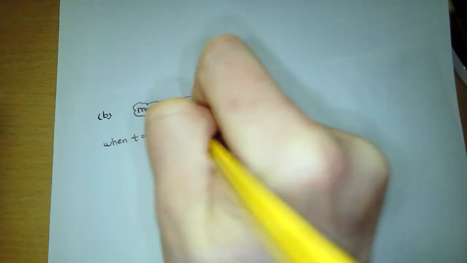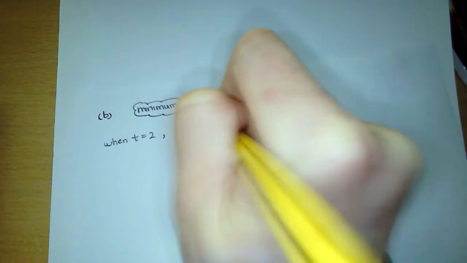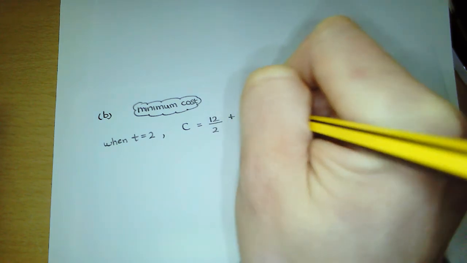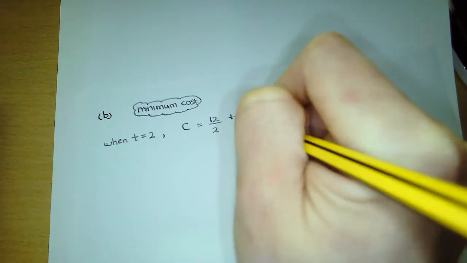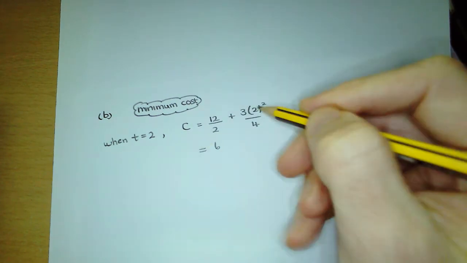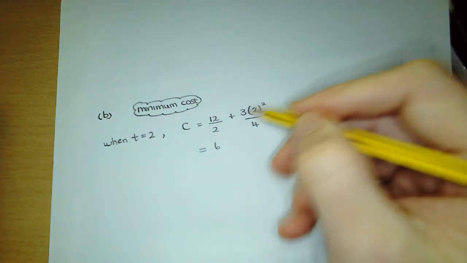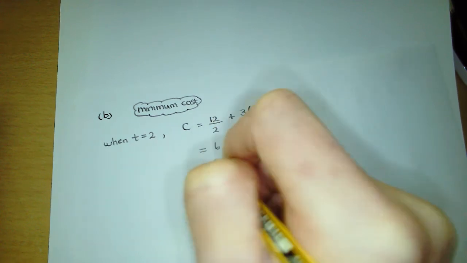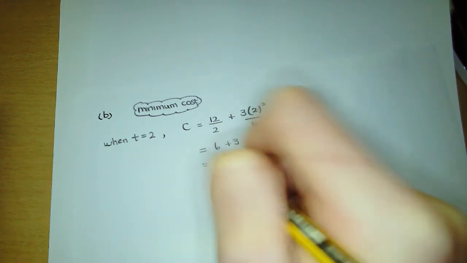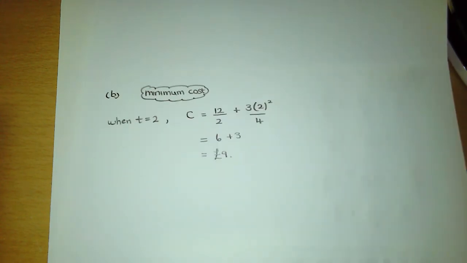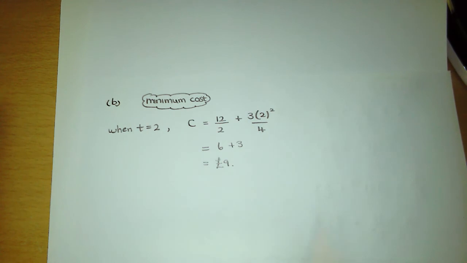So c equals 12 over 2 plus 3 upon 2 squared all over 4. So tidy that up. 12 over 2, we've got 6. 2 squared is 4, divided by 4 they cancel, so we've just got 6 plus 3, and that is going to give us £9. So that is the minimum cost when the time is 2. Okay, so the cost doesn't get any smaller than £9.